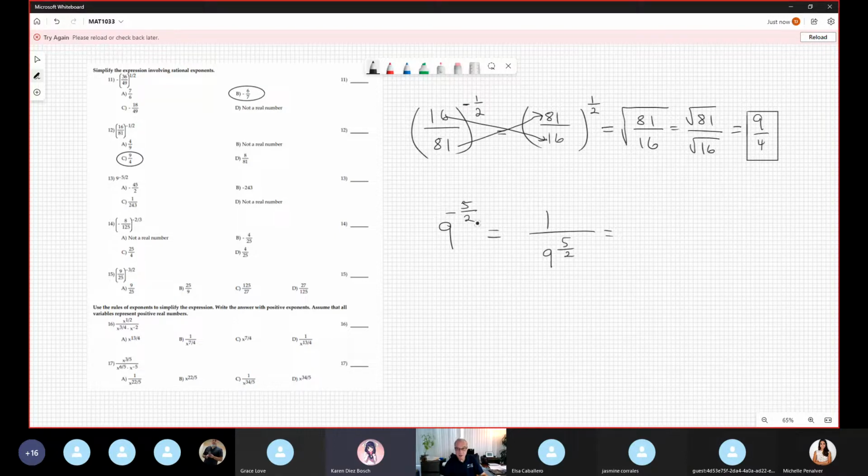Now I don't understand that part very well, but the professor explained to me that this is the square root of 9, because this 2 is the index of the hypothetical square root, and raised to the fifth power. And the square root of 9 I know is 3, so 1 over 3 to the fifth power.